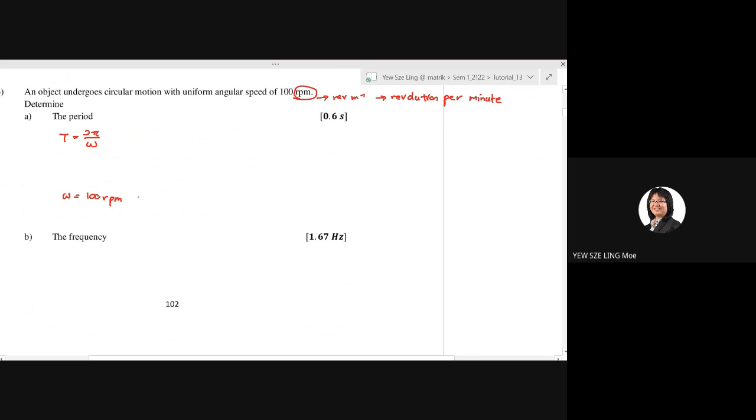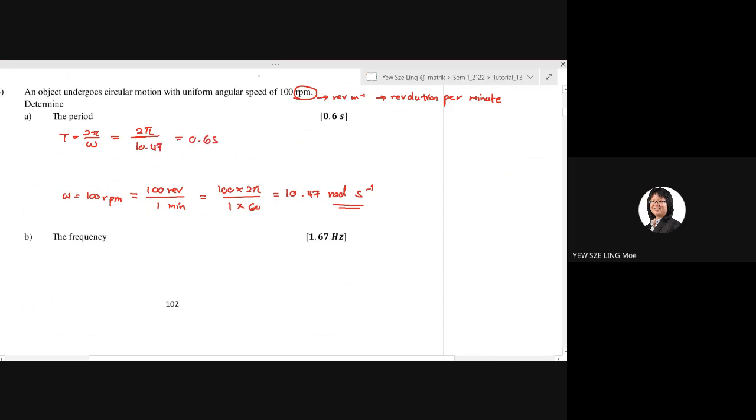So we change it into fraction form, which is 100 rev over 1 minute, equal to 100 times 2 pi divided by 1 times 60 seconds. Then you obtain 10.47 radian per second, which is in SI units. You can then substitute it into the first equation. T equals 2 pi over 10.47, which equals 0.6 second.